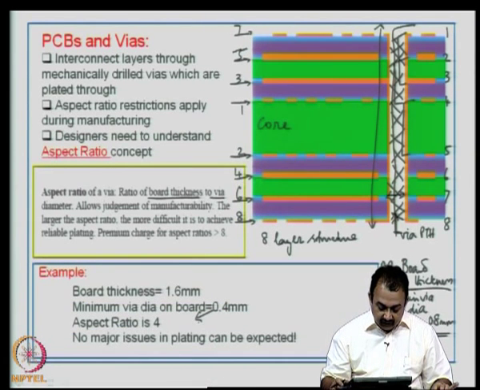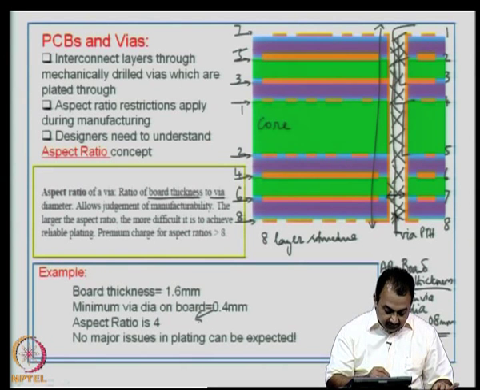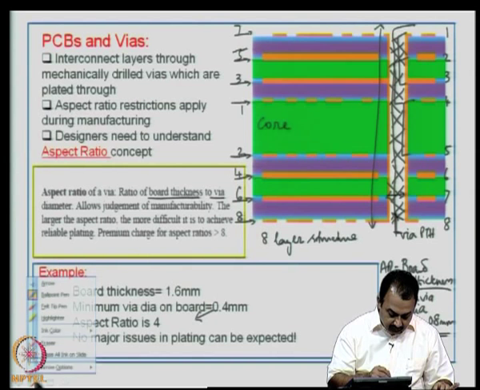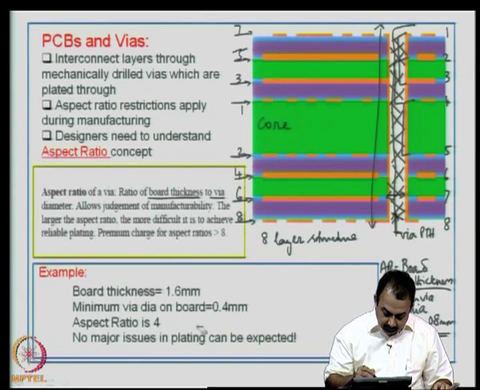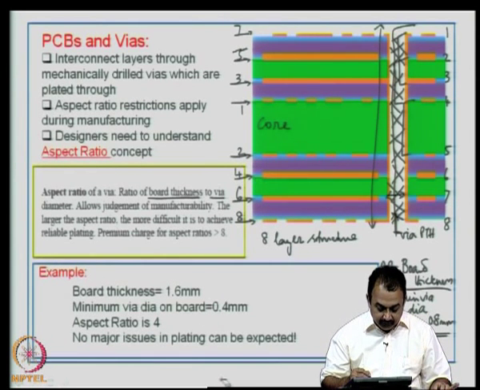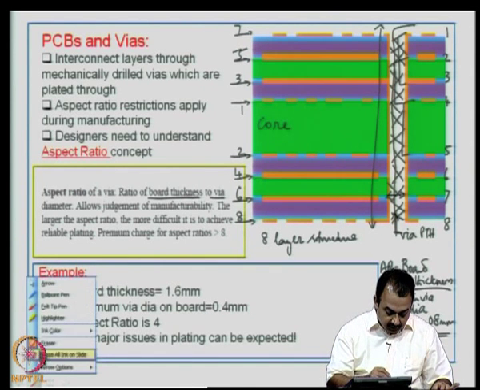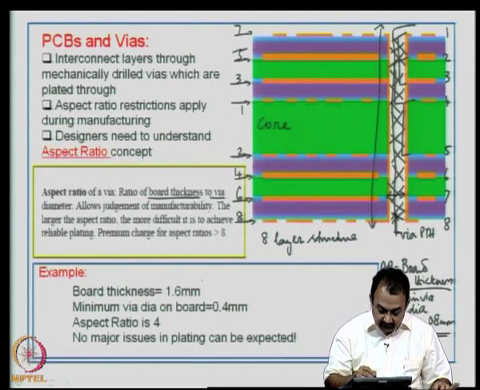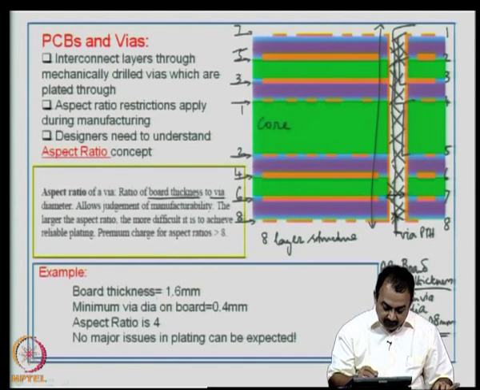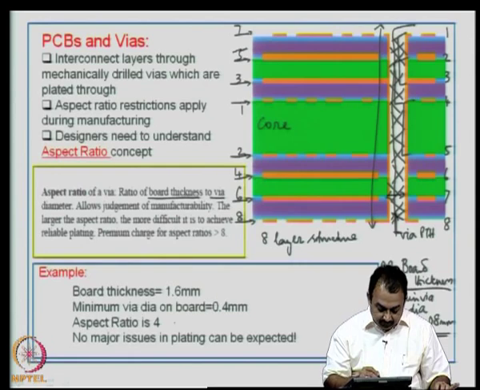Now, if you take a situation where the board thickness is 1.6 mm, the minimum via diameter on the board is 0.4 mm. Here again the aspect ratio will be 4, but note that your board thickness has reduced compared to the earlier one, and your via is also smaller.